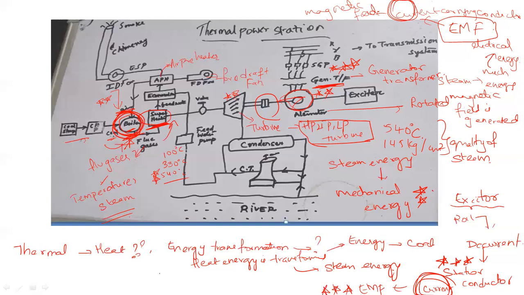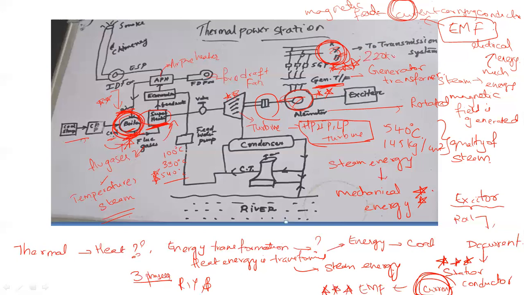Okay, R, Y, B. So the voltage generated is 13.75 or 15 kV, and with the help of the transformer it will go up to 220 kV.